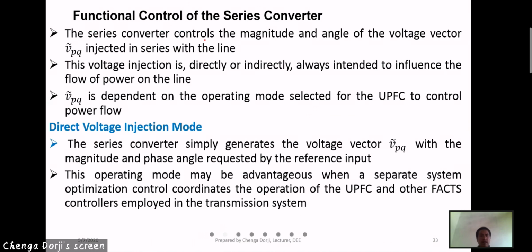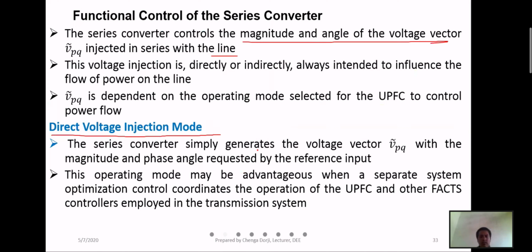Then the series converter controls the magnitude and angle of the voltage vector we inject in series with the line. Another mode of controlling the series converter is the functional control of the series converter. Now you have the direct voltage injection mode.